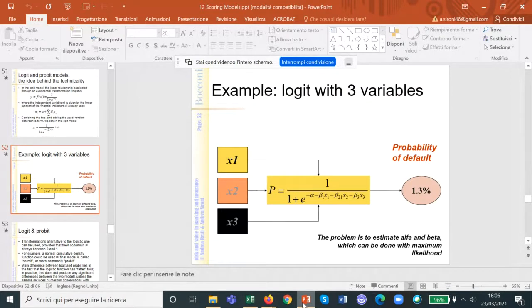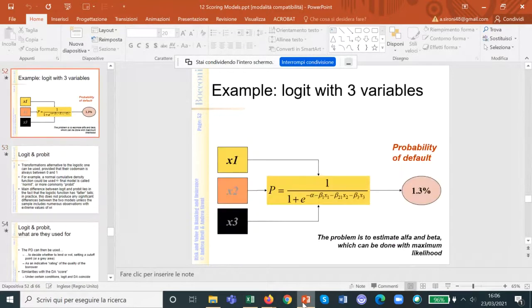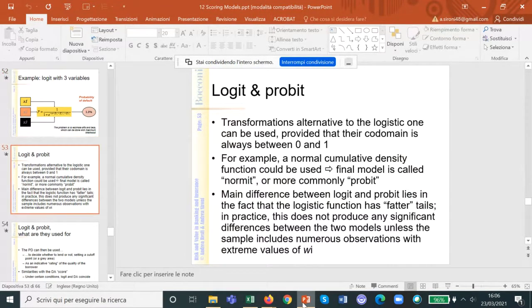Again, you could use the logit model to directly estimate a probability of default as the dependent variable. In reality, this is almost never done. What we do is we use the logit output to assign a rating, and then again, we use the default rate for each rating grade as the default probability estimate, okay?